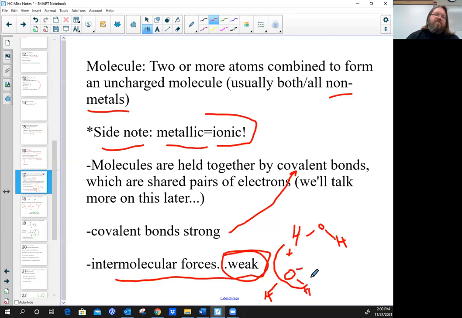And what happens is a weak attraction between hydrogen atoms and oxygen atoms within water. This is why, when you fill up a graduated cylinder, the water kind of sticks to the side. If you fill up a glass of water, it kind of bubbles up. It doesn't spill out, it bubbles up because of those weak intermolecular forces or interactions between atoms of molecules, okay?